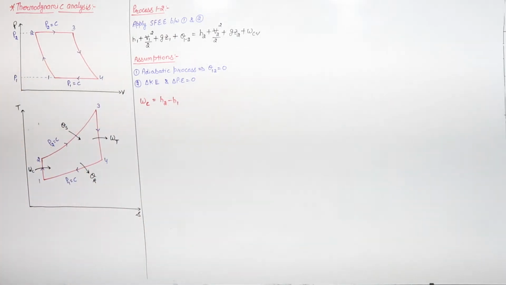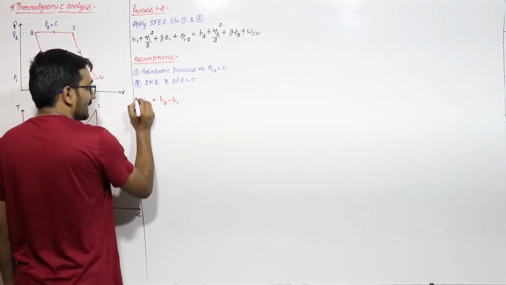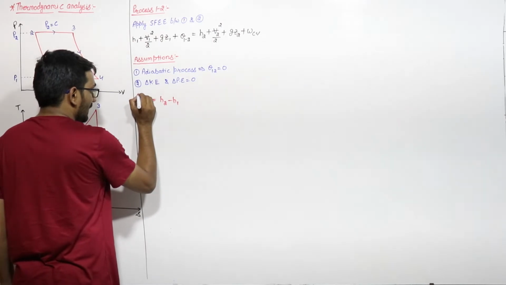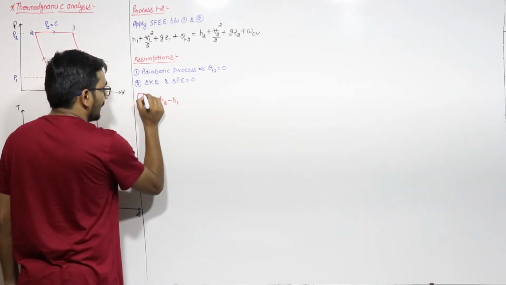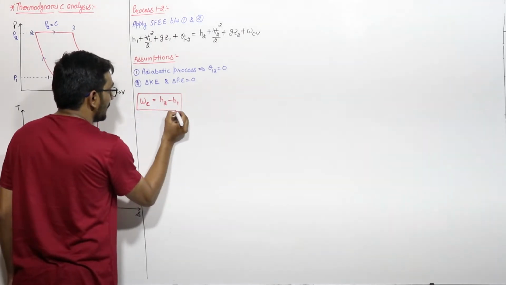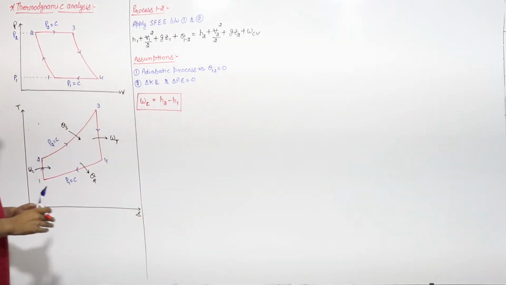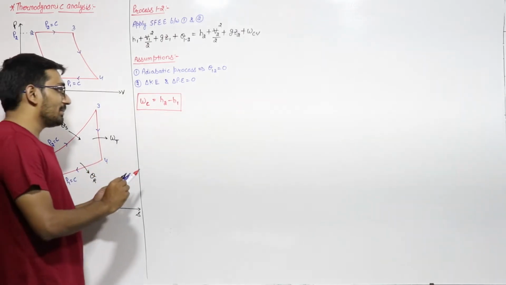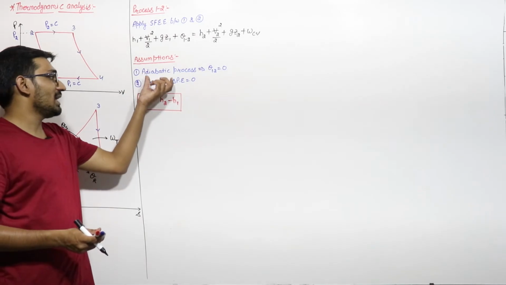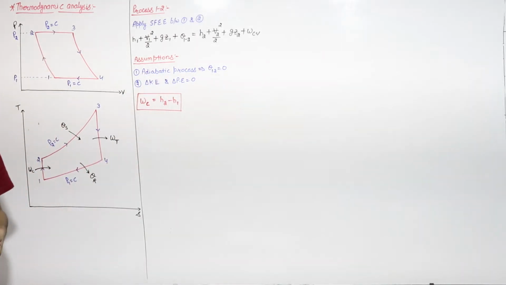You can write this equation when the process is adiabatic and the changes in kinetic energy and potential energy are 0.